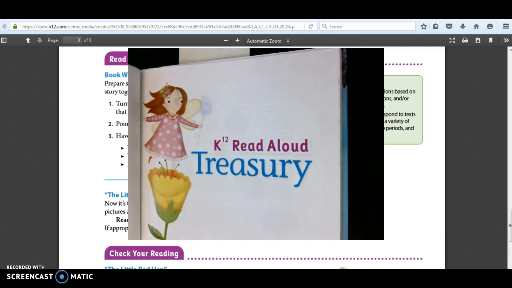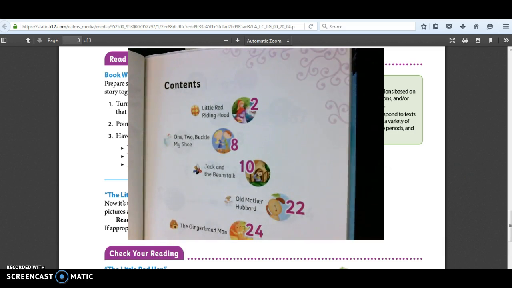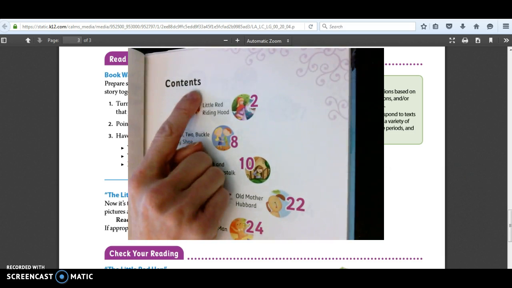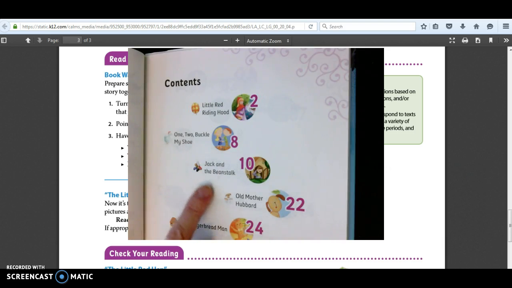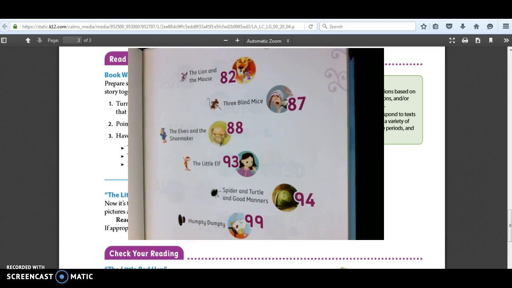We're going to start our book walk in the table of contents, and we want to locate the story that we're going to be reading today, which is The Little Red Hen. So here is our table of contents, and we're going to look through the titles until we find our story. So we're kind of looking through, and we'll keep looking through.